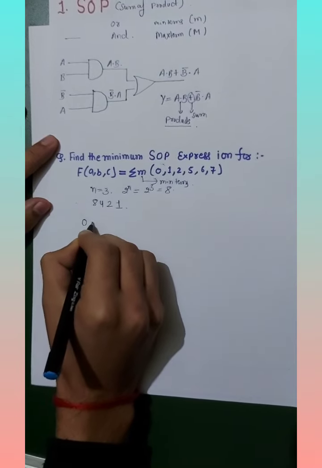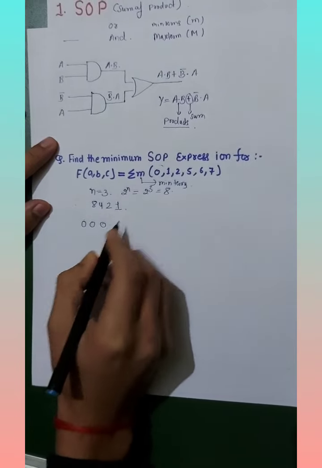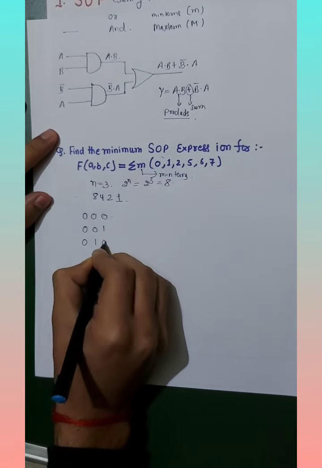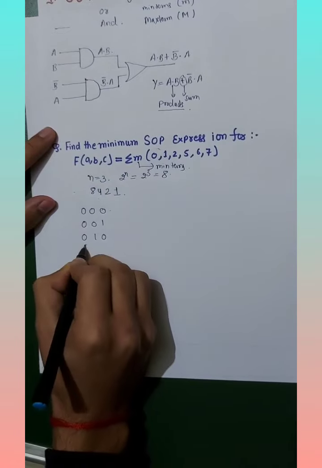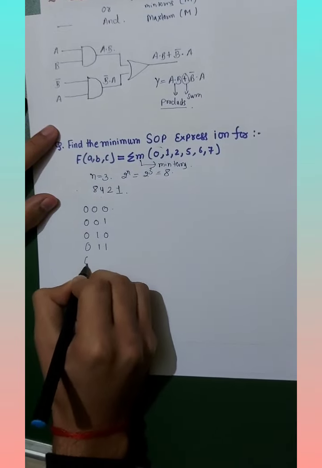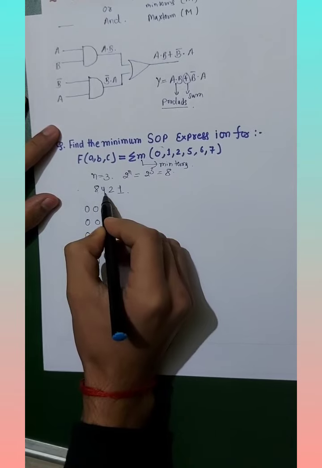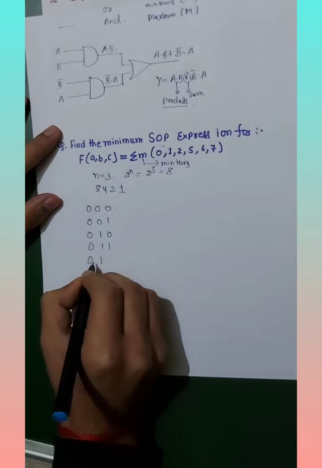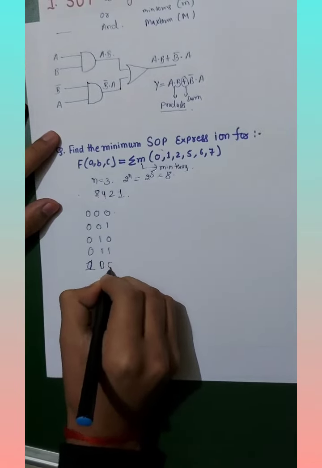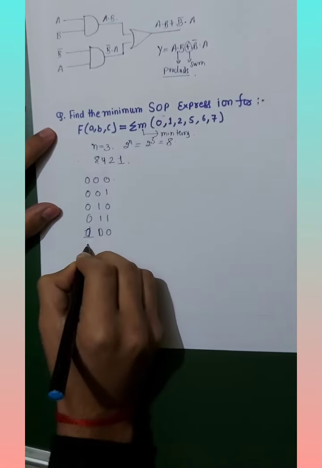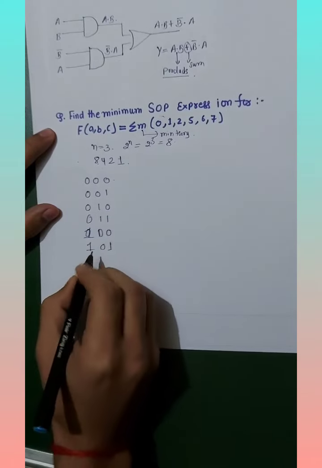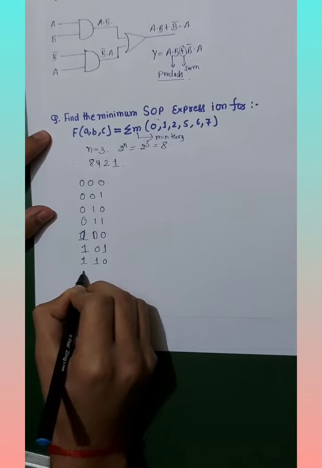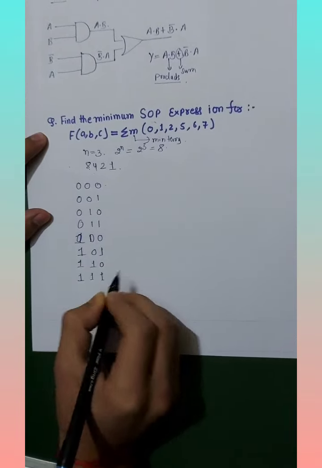So for 0 it is 0 0 0, for 1 it should be 0 0 1, for 2 it should be 0 1 0, for 3 it should be 0 1 1, for 4 it should be 1 0 0, for 5 it should be 1 0 1. For 6 it should be 1 1 0, and for 7, 1 1 1.